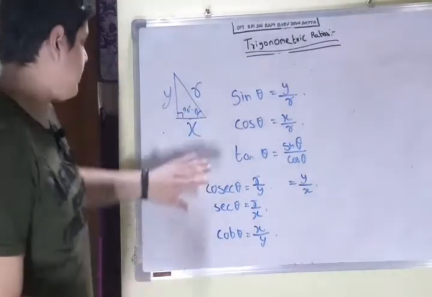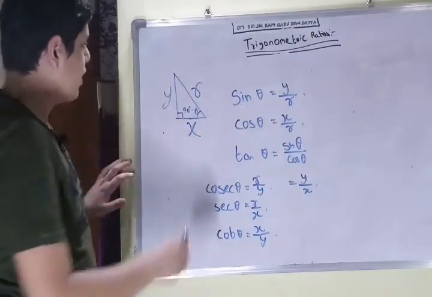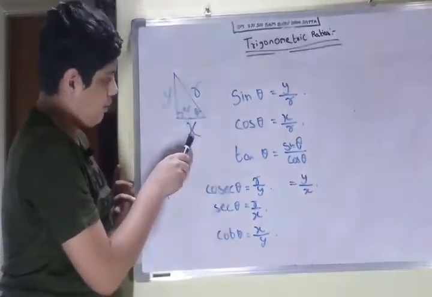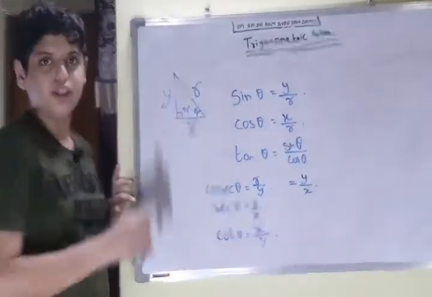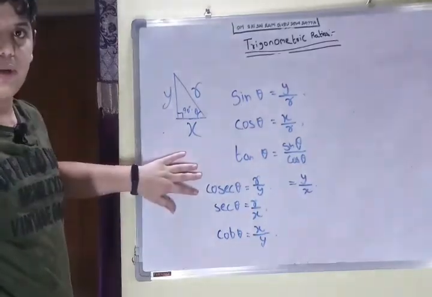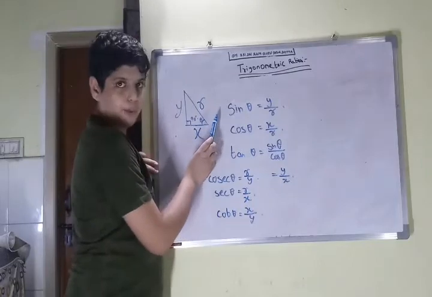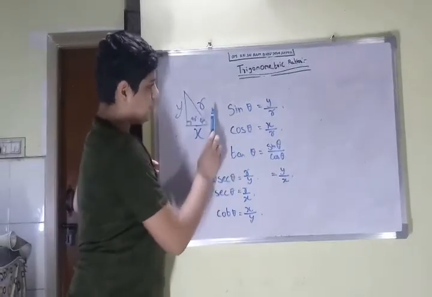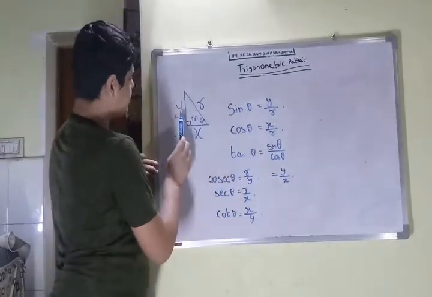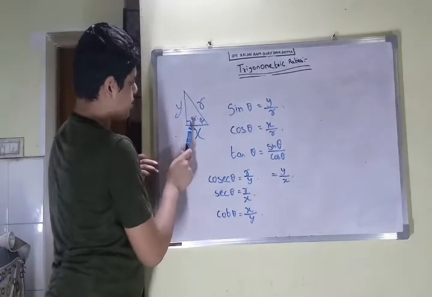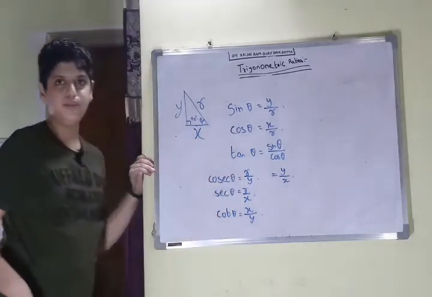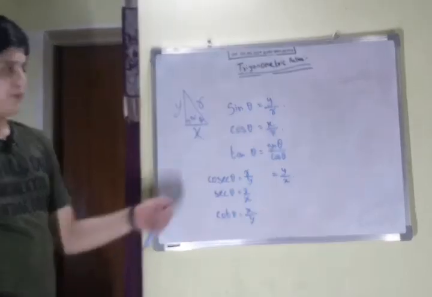In simple words, for this theta, this will be the hypotenuse, this will be adjacent, this will be opposite. So sin theta is opposite by hypotenuse, cos theta is adjacent by hypotenuse, tan theta is opposite by adjacent. Like that it follows, so please note this down.